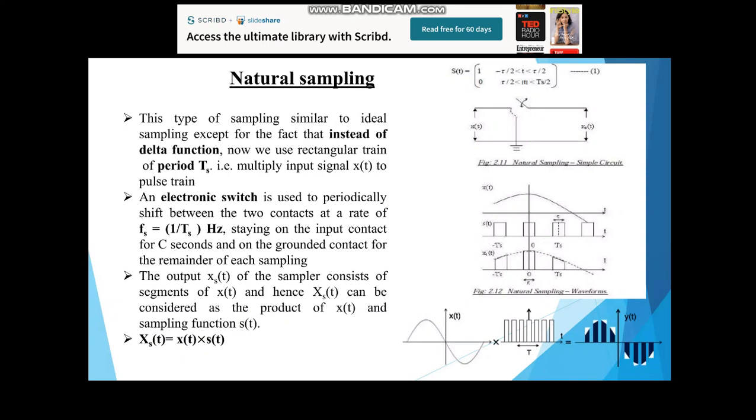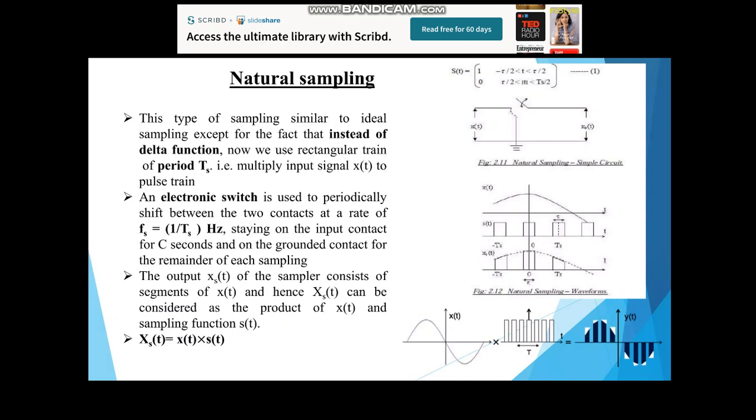Natural sampling. This type of sampling is similar to ideal sampling, except that instead of a delta function we use a rectangular pulse train of period Ts, multiplying the input signal x(t) by the pulse train.